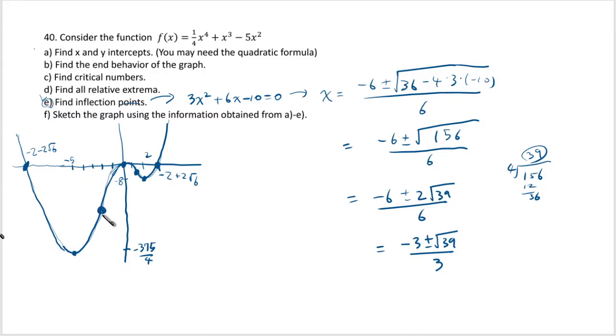So this point right here would be negative 3 minus radical 39 over 3, and this point here should be negative 3 plus radical 39 over 3. Okay, so that's the graph. Because we used the derivative information, we were able to locate exactly the points where the graph is turning, and this is a pretty good graph, I think.